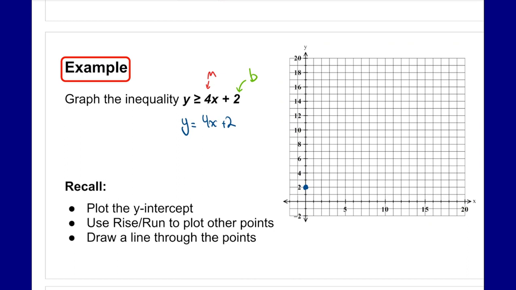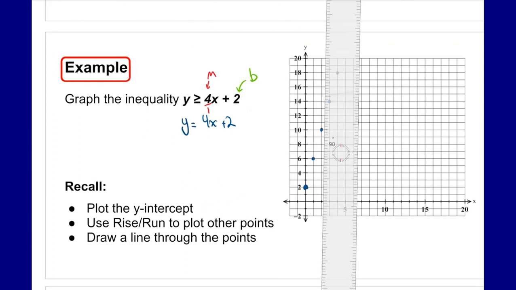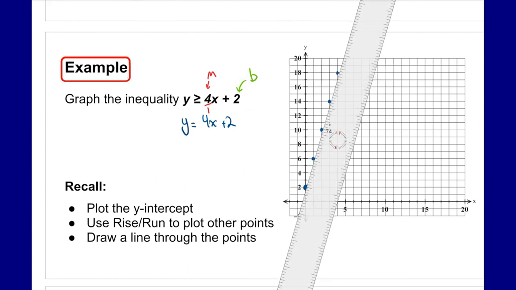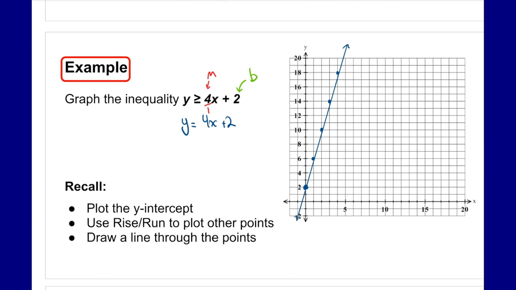And our m, or rise over run, is 4 over 1. So that means we go over 1, up 4. Over 1, up 4. Over 1, up 4. And I'm going to connect those dots now. I'm going to put arrows on the end because it signifies that this line will continue on forever.